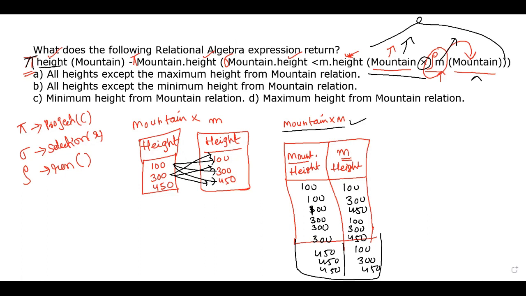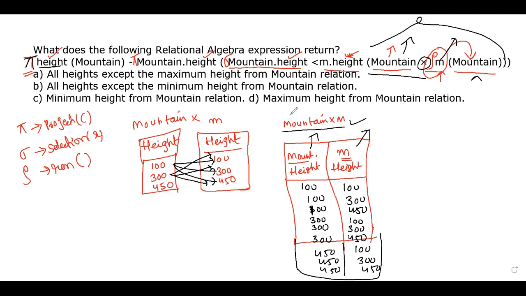Now again, what are they going to ask? They are going to ask mountain dot height is less than M dot height. Now if you see in the diagram, we are going to take mountain dot height and M dot height, and they ask for the less than condition.